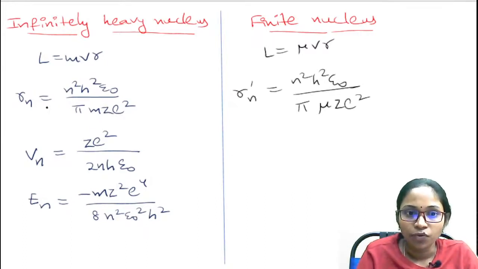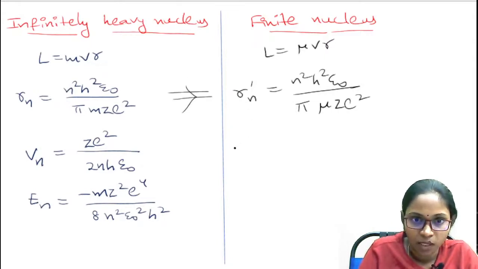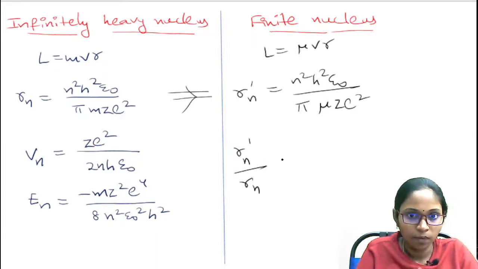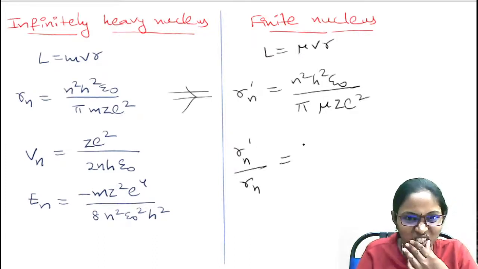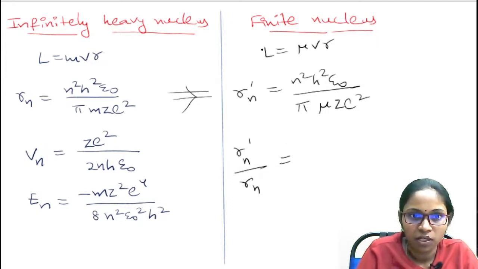Here if you relate both these equations, then for the radius equation Rn prime by Rn, I just want to divide both these equations to find out the relation between the radius of the nth orbit for finite and infinitely heavy nucleus.